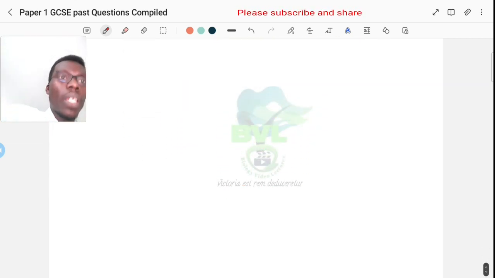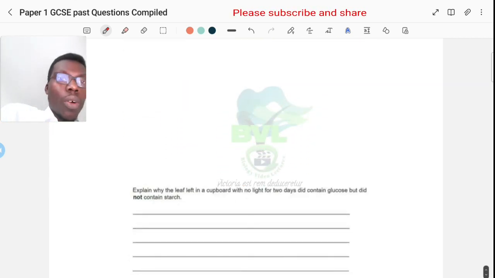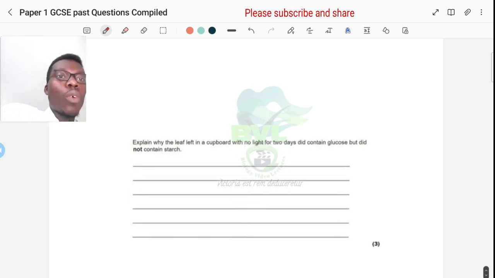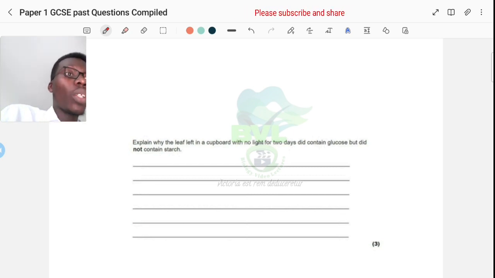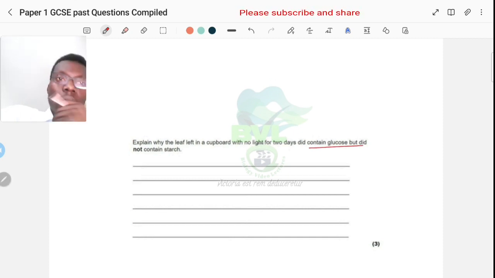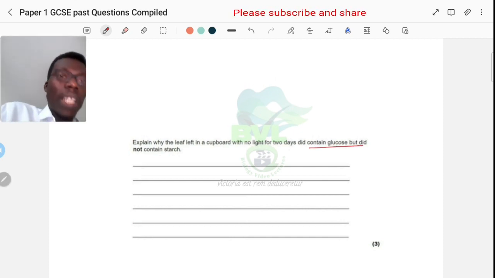Now let's flip the whole thing. Explain why the leaf in the cupboard with no light for 2 days did not contain starch. So it did contain glucose but not starch. Well, it's simple.